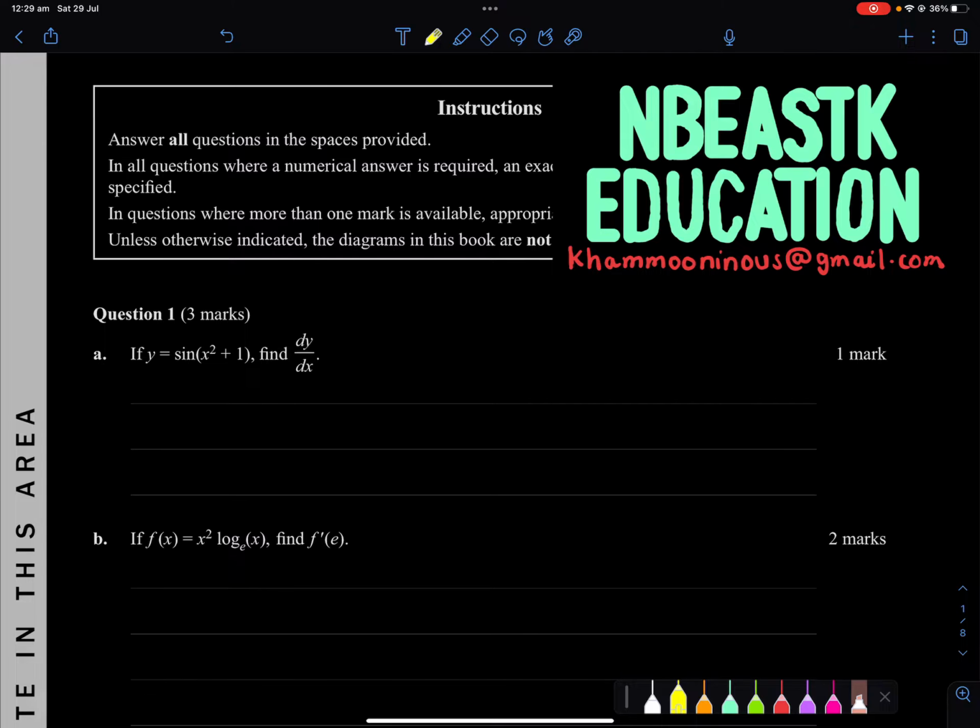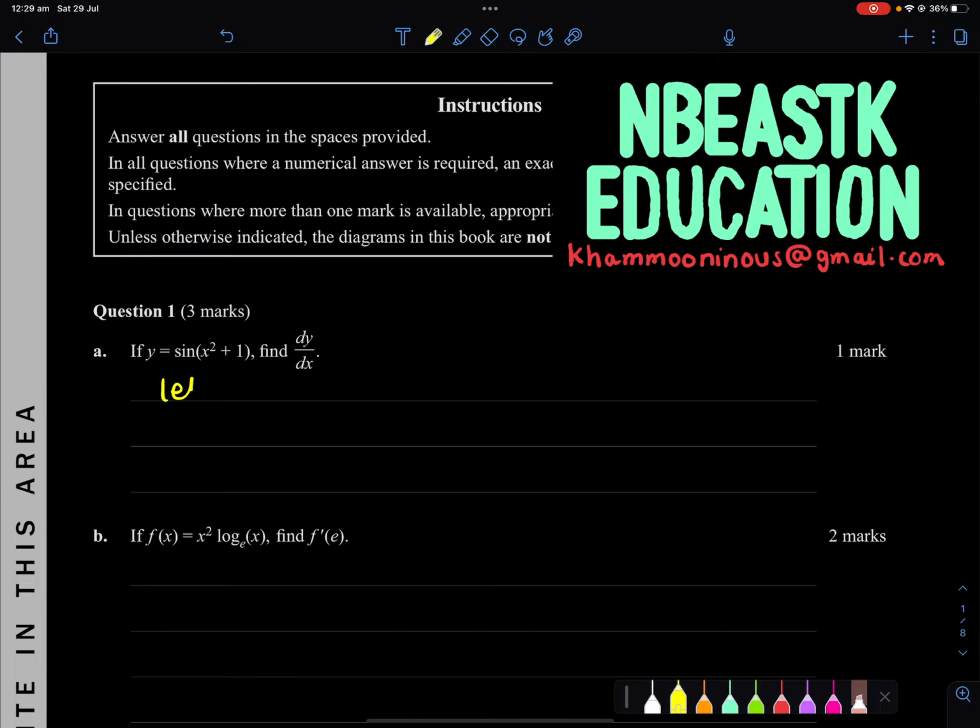So question 1, if y equals sine of x squared plus 1, find dy/dx. Okay, now here we use the chain rule. So we let u equal x squared plus 1 and y equal sine u.